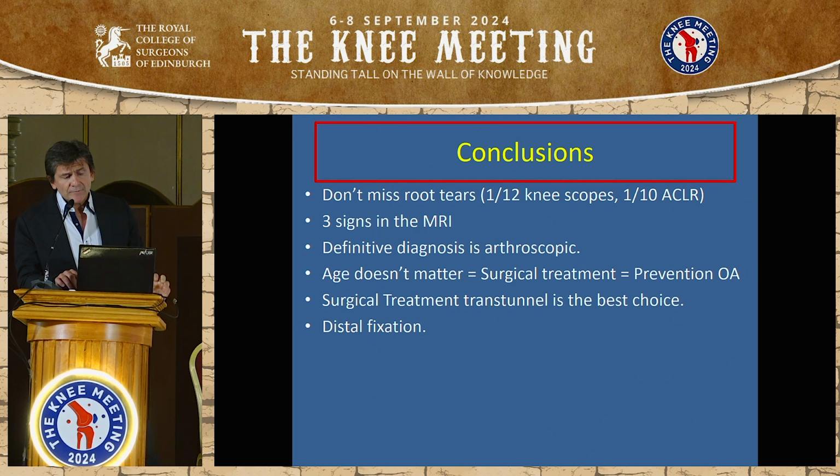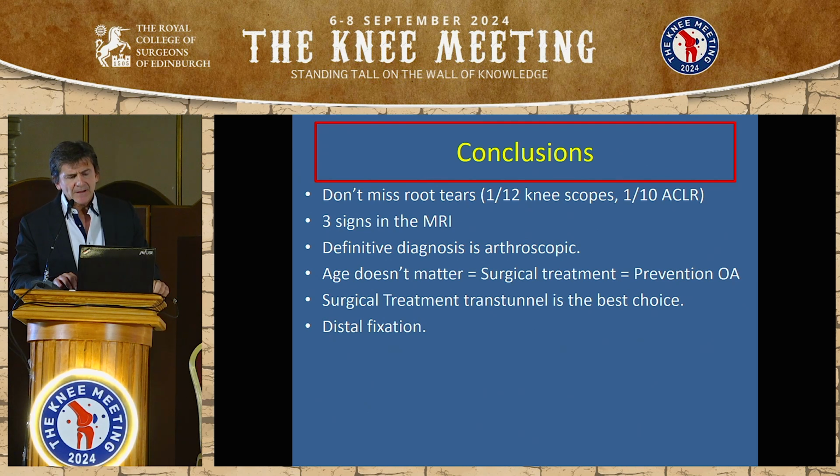So the conclusion for this technique is: don't miss the root injuries when you look at the MRI. Also look for them in all the surgeries where you have an ACL injury. Look for the root. There are 3 signs in the MRI that I didn't mention because of the time.